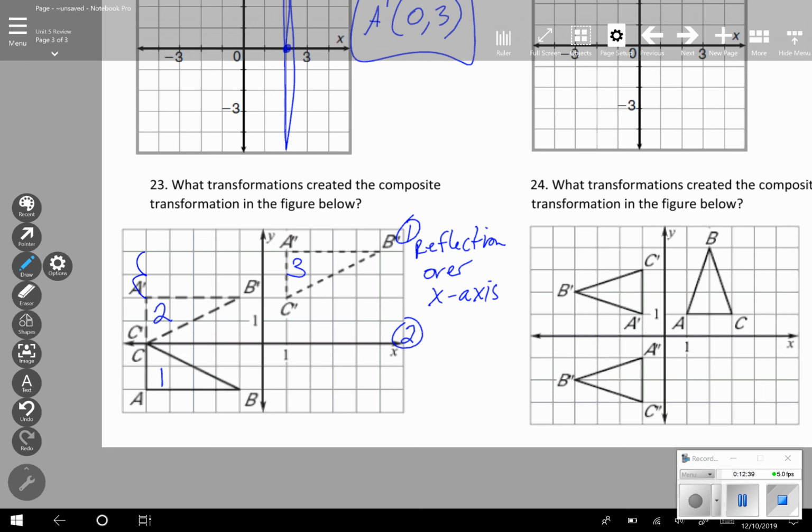We went up 2 and over 1, 2, 3, 4, 5, 6 to the right. So that's a translation. Okay, 2 units up and 1, 2, 3, 4, 5, 6 units right. And then that's it.